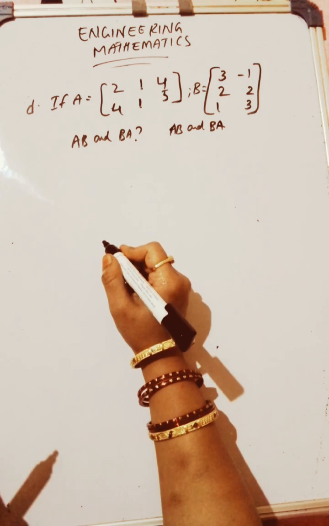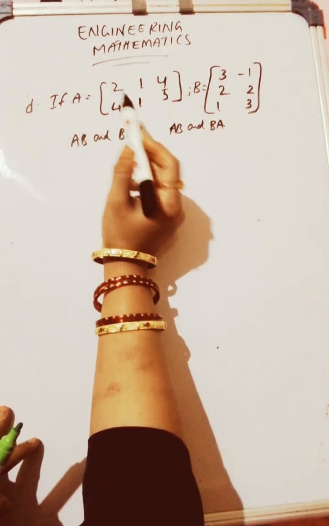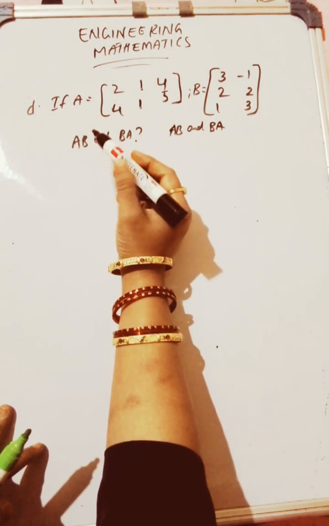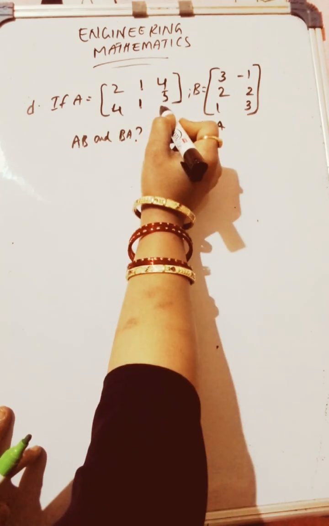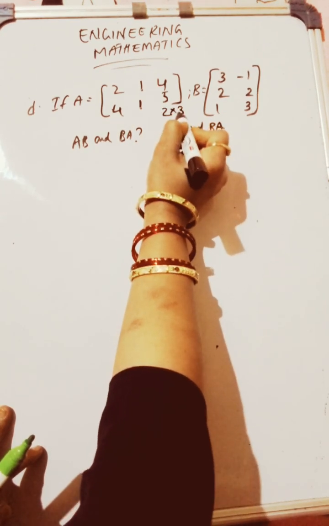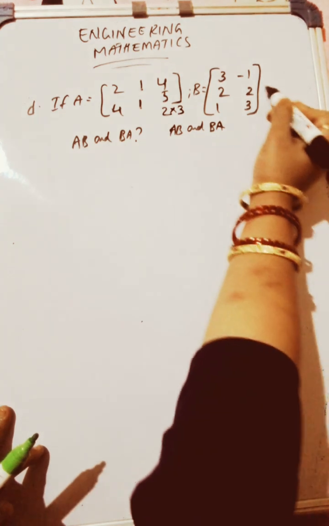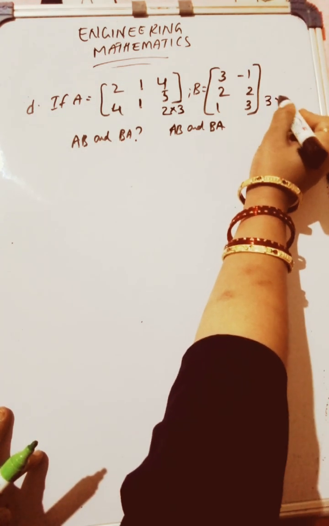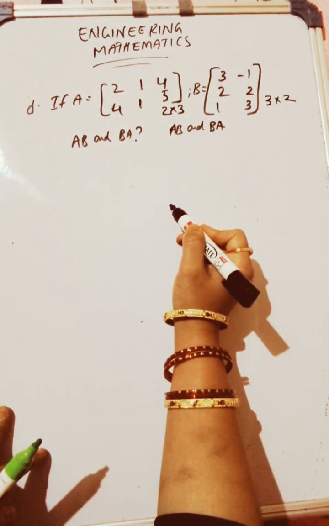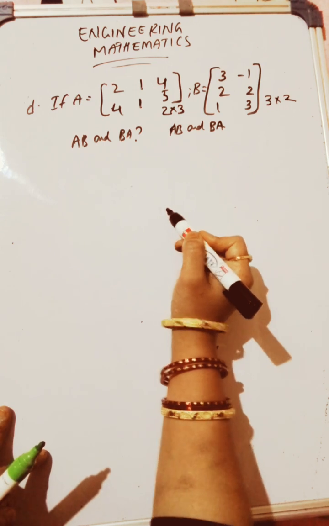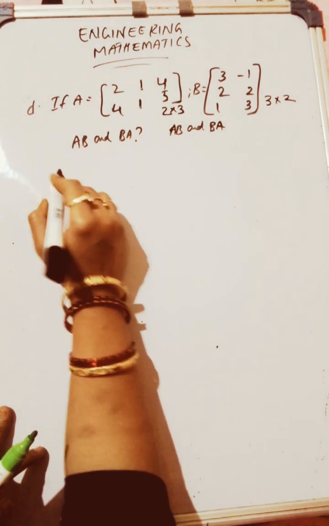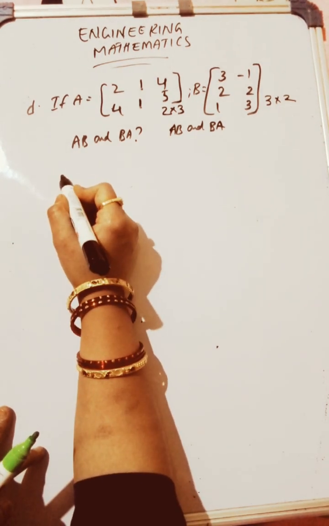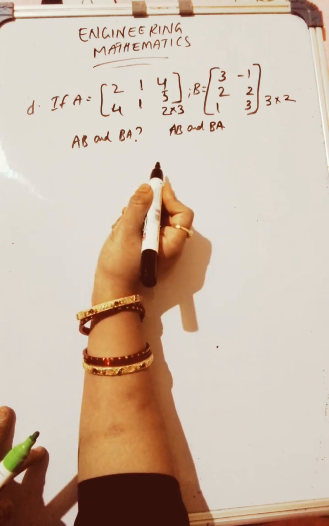Now, the given matrices are this one and this one. This matrix is a 2 by 3 matrix. This is a 3 by 2 matrix. Now we know that for matrix multiplication, the number of columns of the first matrix should be equal to the number of rows of the second matrix.